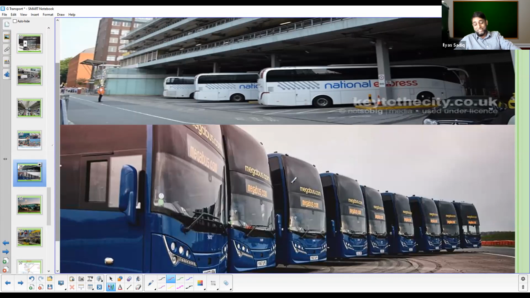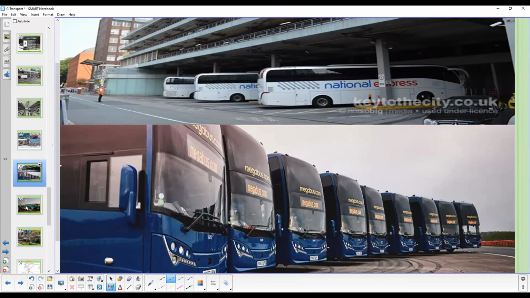Though I said these are buses, because they don't go around the city, they go city to city, that's why these are called coaches. So coach station. It's not a bus station. This is a coach station.